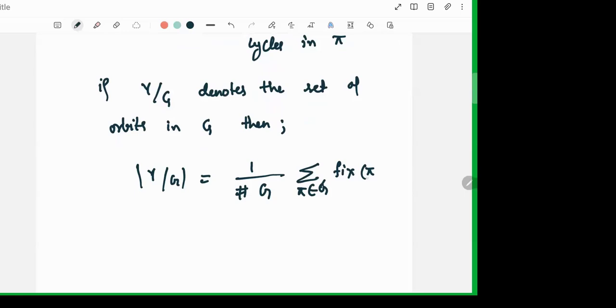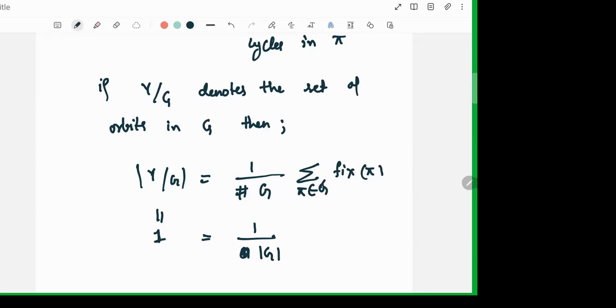Initially, in one example where we took the group action of G on itself, we saw that the cardinality of X mod G is 1, because there is only one orbit. We can verify this from this theorem as well, because it is 1 upon the cardinality of G times the sum over pi belonging to G of fixed pi. If you run over an element pi in G, the fixed set of this pi is basically only itself, each singleton element.